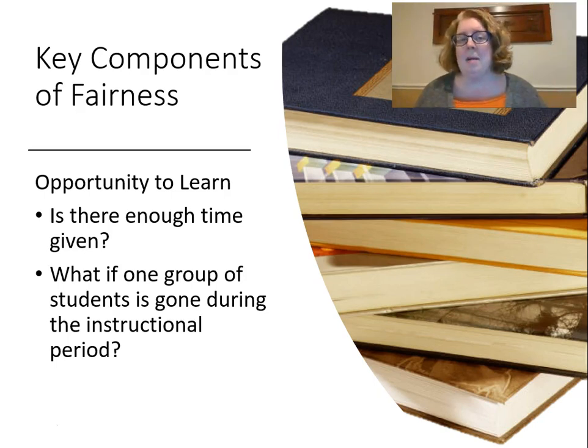This happens in elementary school when some students are pulled out of instruction to attend additional tutoring for specific special needs, or if they're going to a gifted program, they might miss out on some of that learning opportunity. Or if they're in high school, then they're missing time for an athletic competition or to participate in a club activity or extracurricular activity. So we want to make sure that all students are given that opportunity to learn.